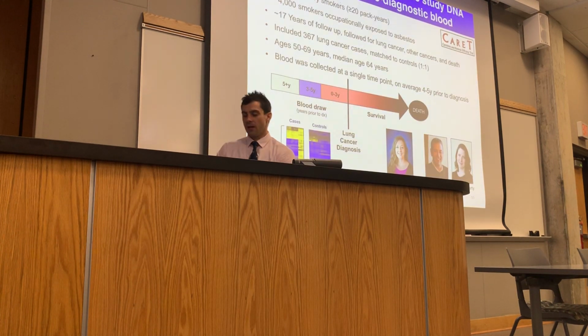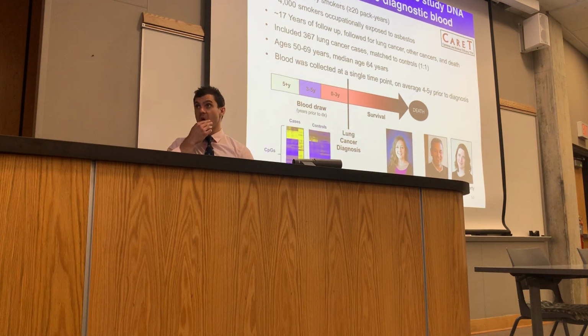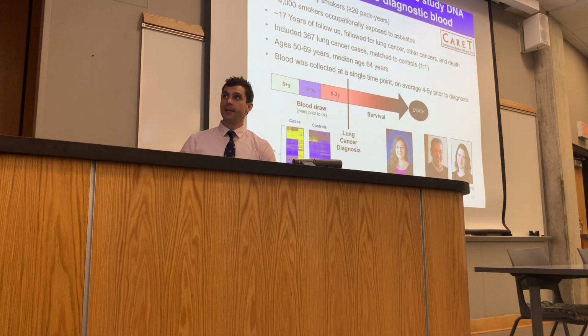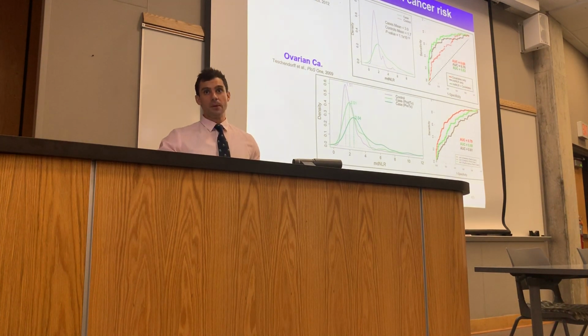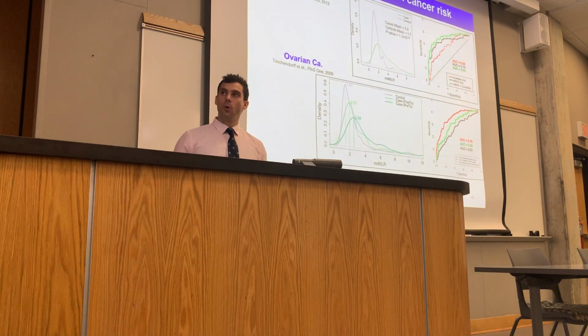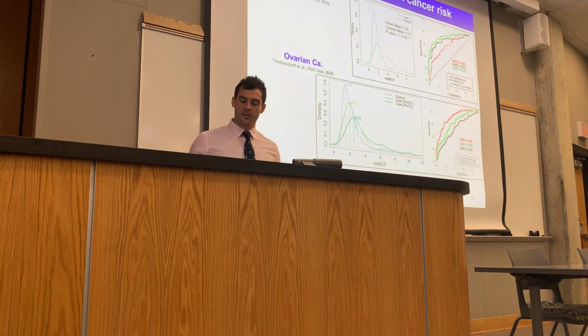So the last study that I'll discuss with you is kind of recent work with some collaborators of mine from the University of Utah and Emory University. I should mention that these two studies were what we call case control studies. That is, the biological samples were taken after the people already had cancer. So reverse causality is a possibility.